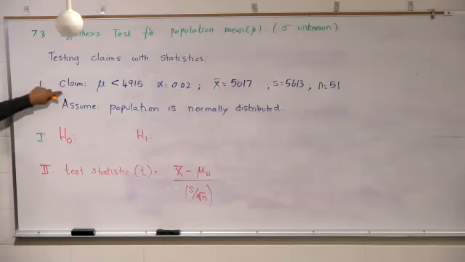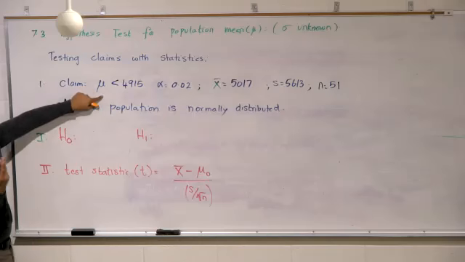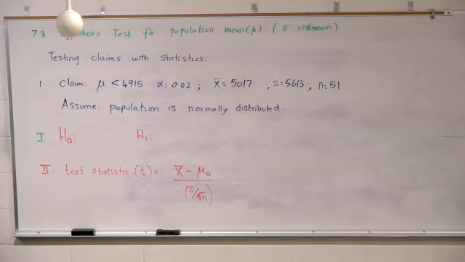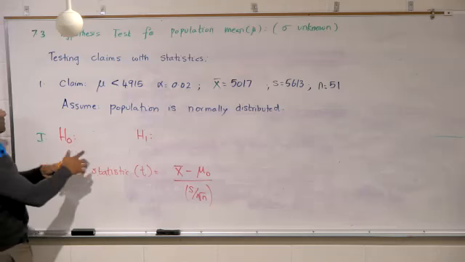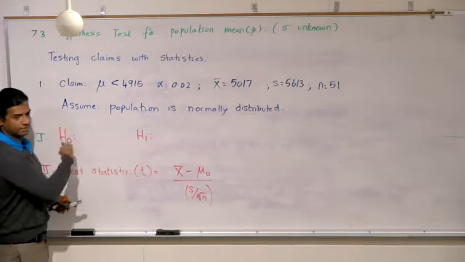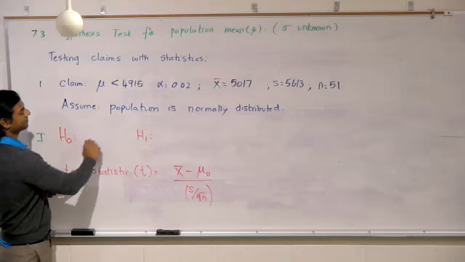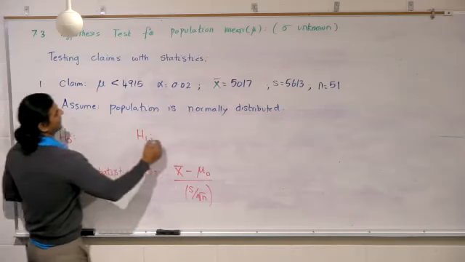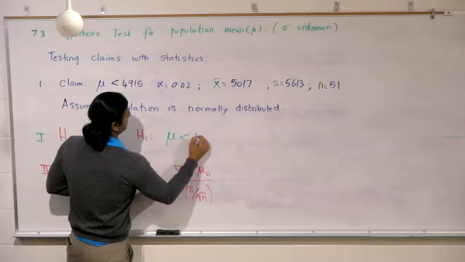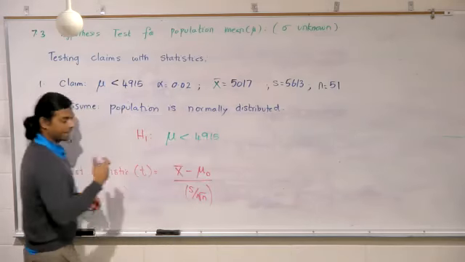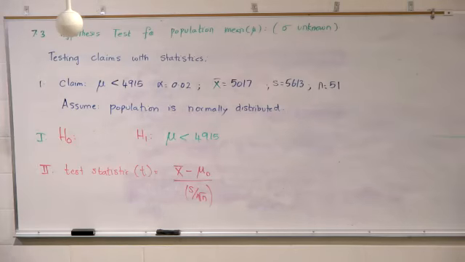Okay, so the claim is mu less than 4,950. Where should we write this? Over here or there? Alternative, because it doesn't have an equal sign.